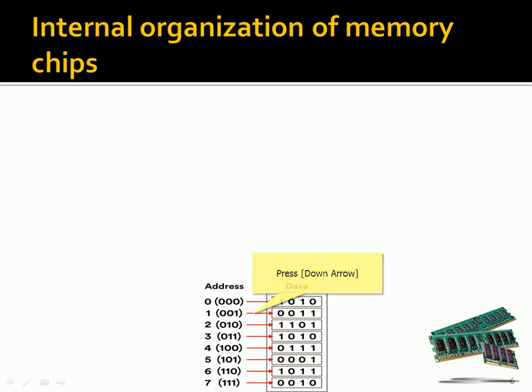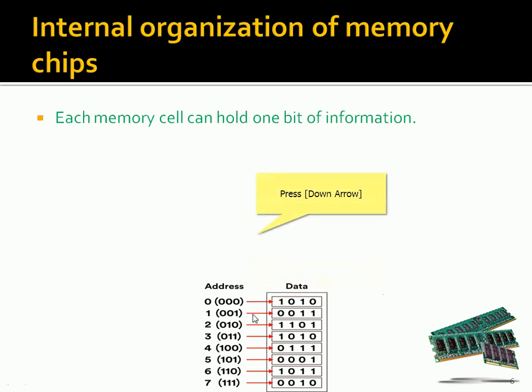Let us see further. Each memory cell can hold 1 bit of information. Here we have 4 bits, so 4 cells. There are eight rows and 4 columns. So 8 into 4, 32 bits of information can be accommodated in this memory.